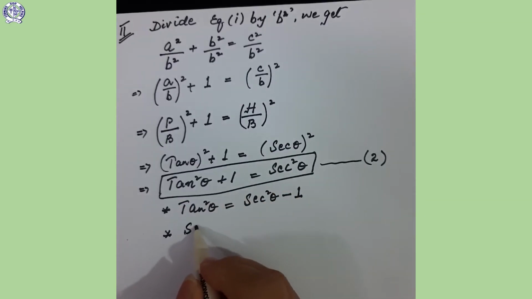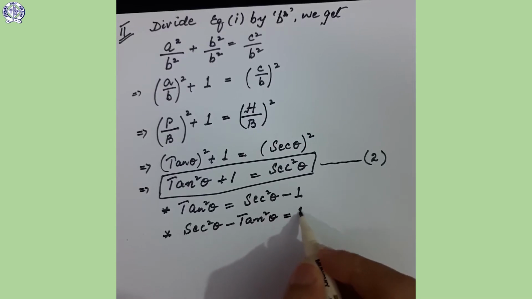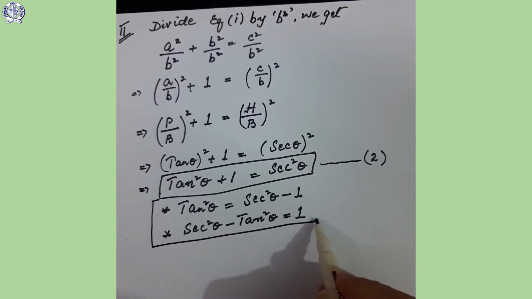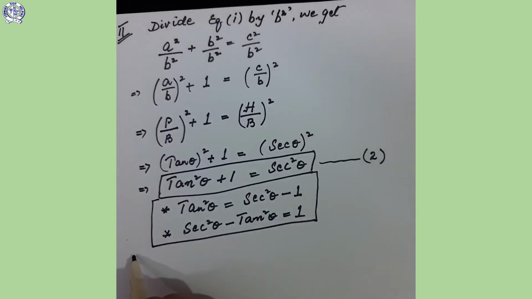So we will write this first, sec square theta minus tan square theta equals 1. So these are the 2 more formulas which you can make from second identity. So this way we have completed derivation of the second identity.